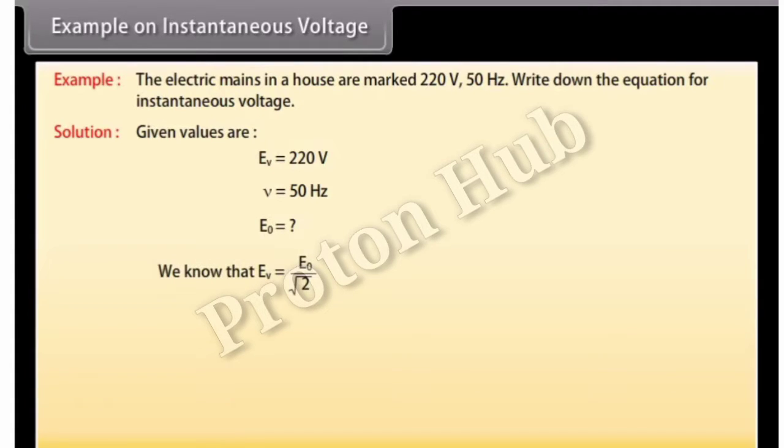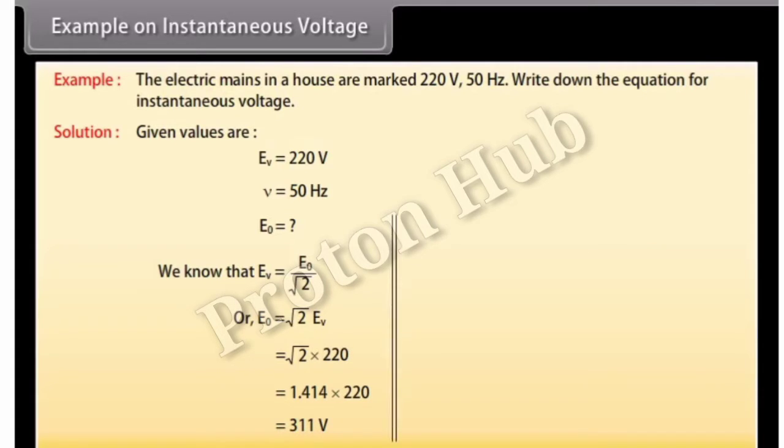We know that Ev = E0/√2, or E0 = √2 Ev. On putting the values in the equation, we get E0 = 311 volt.